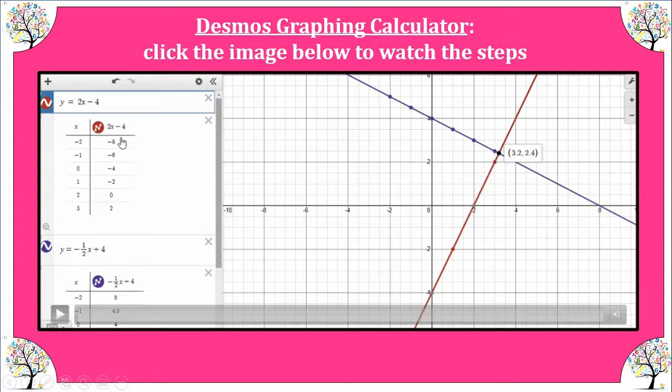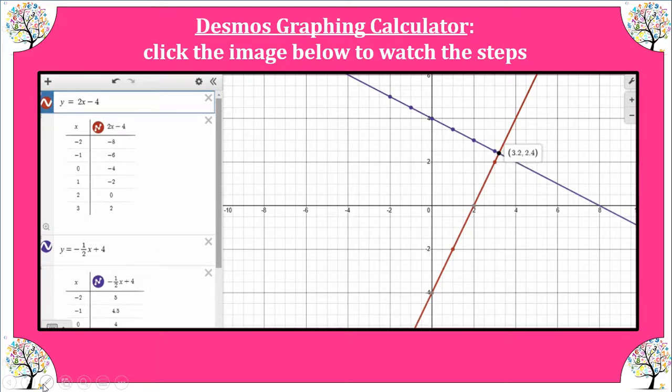And I also just copied the equation and then clicked the settings tool and looked at the table of values. My inputs are integers, and because our solution was not an integer, I could just use this tool and click on the intersection, and you could see it shows your solution. So (3.2, 2.4) is your solution.